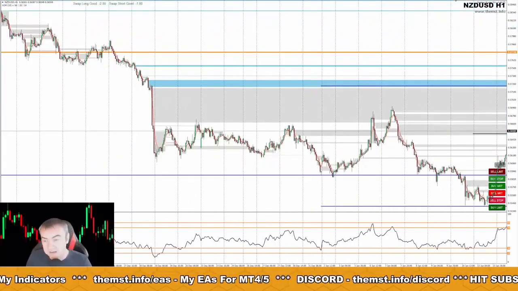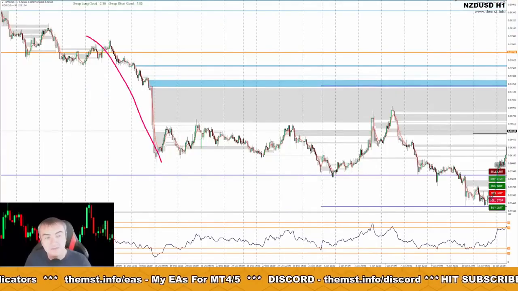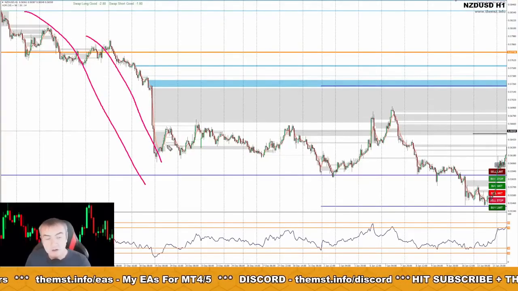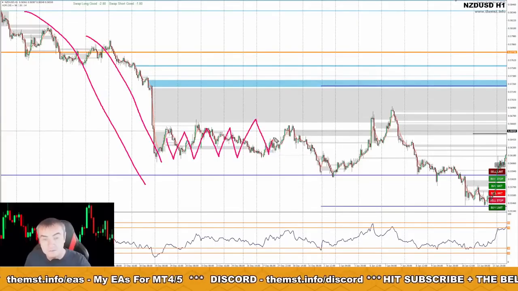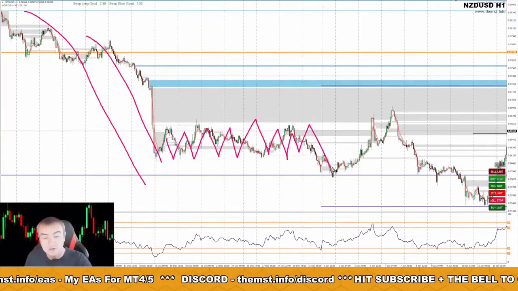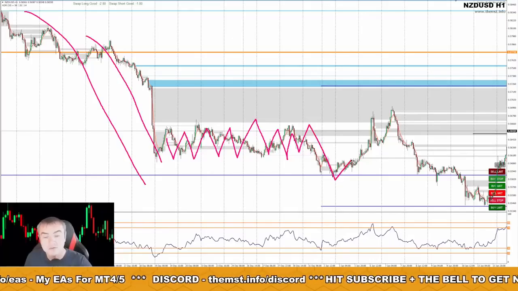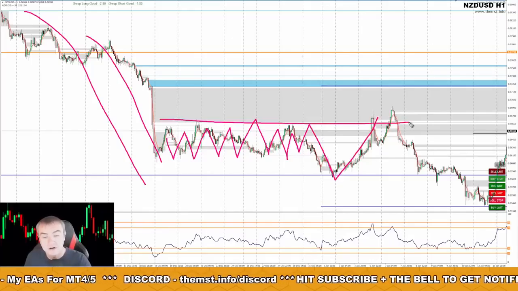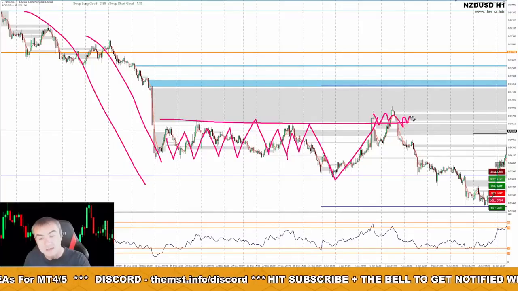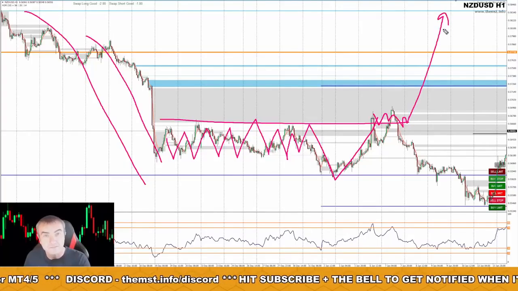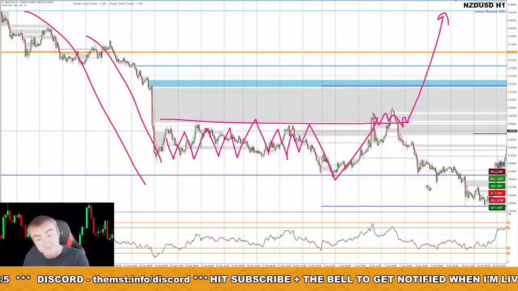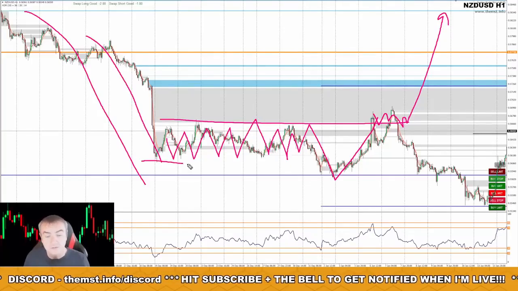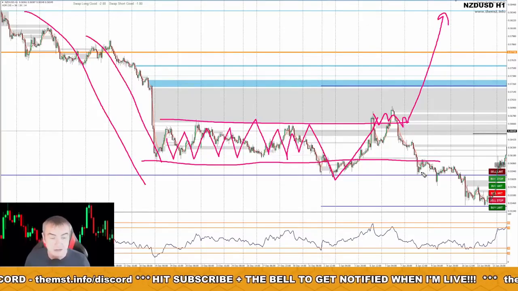Price moves down. We find an area of range. We have what's called a Wyckoff spring. We push back up. We test the high of the range. We accumulate there, and then we break. So that is a typical Wyckoff. This one failed, but that is a Wyckoff if you know what the Wyckoff theory is.